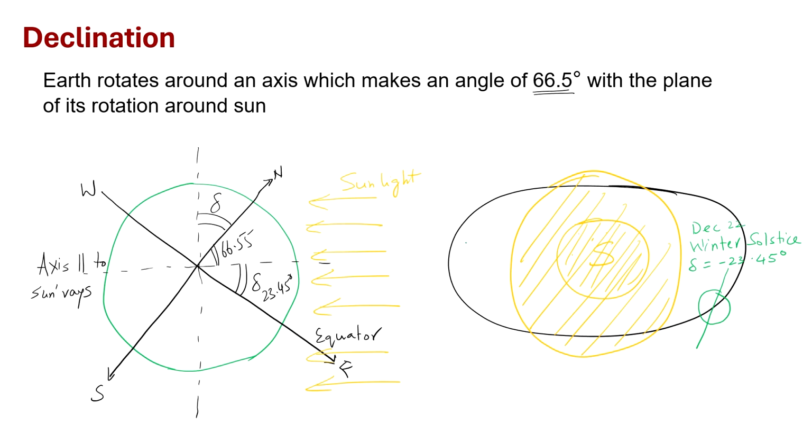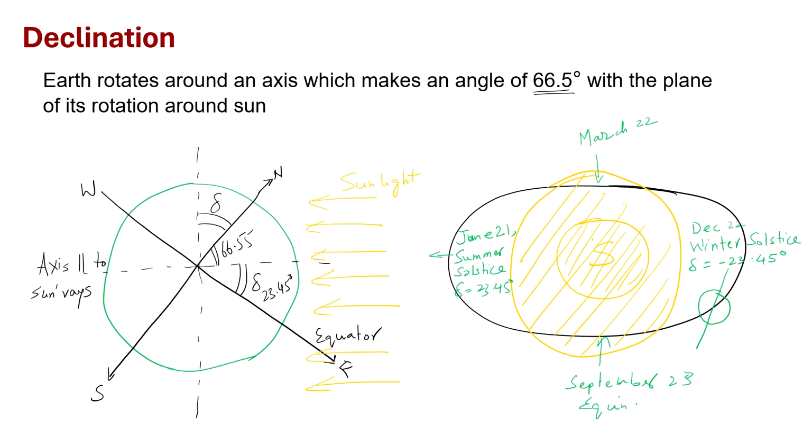And when it goes to June 21 on this side, we have the summer solstice and delta is equal to plus 23.45 degrees. Then somewhere here we will have March 22, and this is where we will have September 22 or 23, I think.